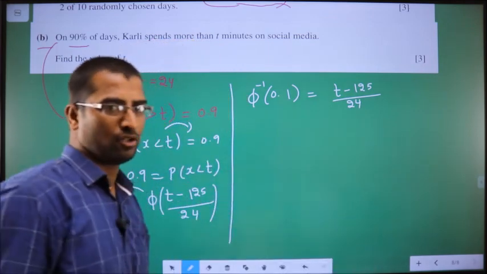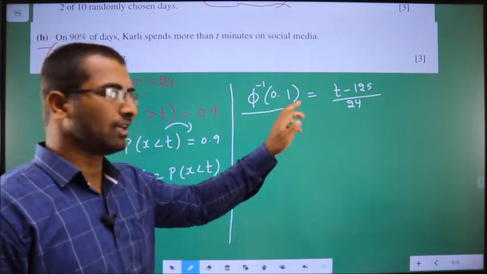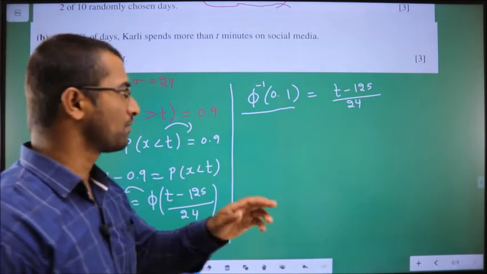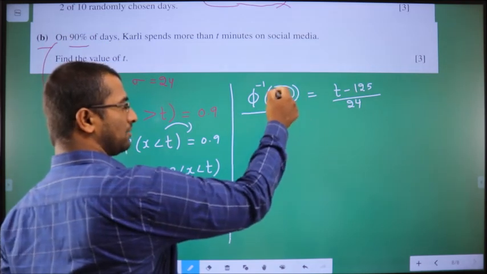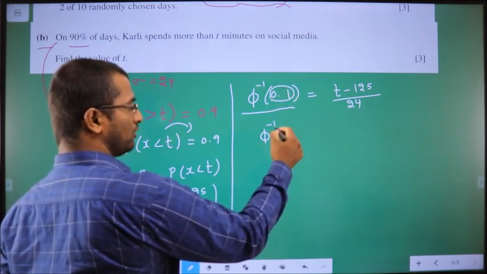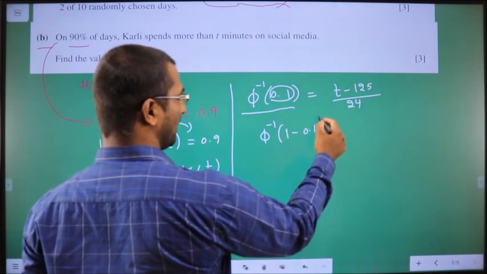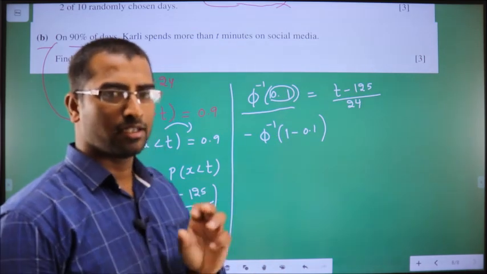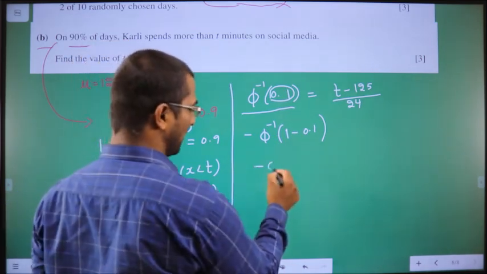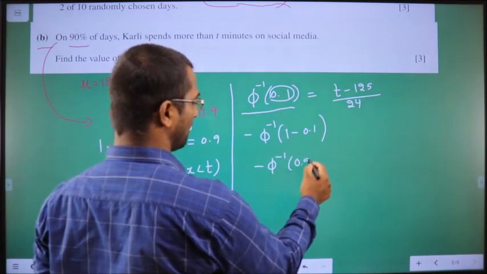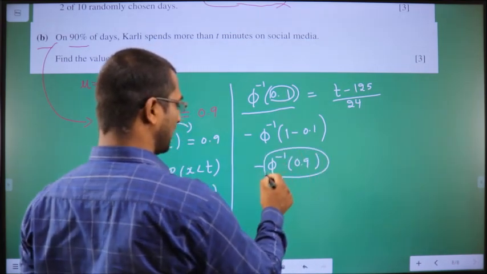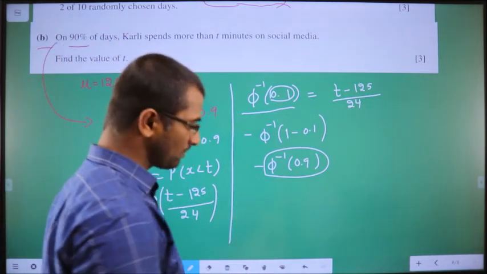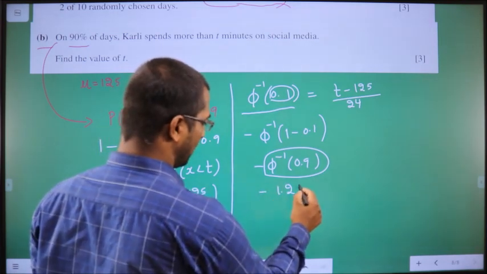Okay. Now phi inverse of 0.1 I don't have in the normal distribution table. It starts from 0.5. To make this greater than 0.5, what we do is we do 1 minus. Whenever inside we are doing 1 minus, outside you should put a negative sign. It is a rule. So this becomes minus phi inverse of 0.9. This value we can get from the normal distribution table, and that is 1.282.